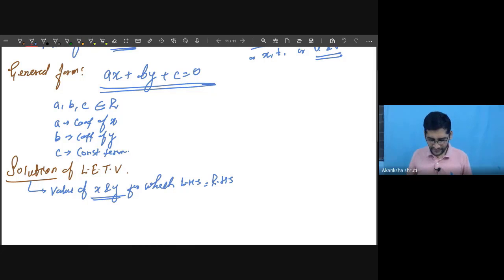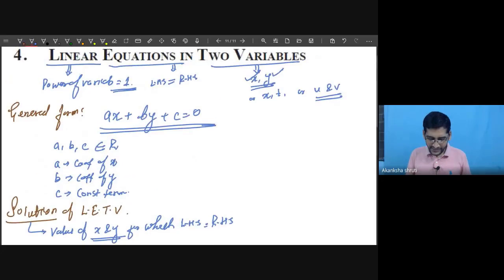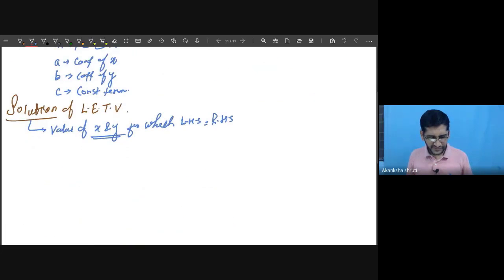It's so simple. So how to find this solution? That even we have learned. So here we just have to identify whether the equation is linear or not and find its solution. So for finding the solution, let us take one example.